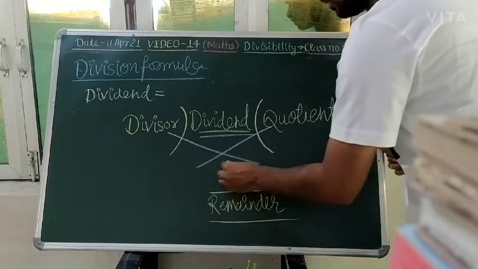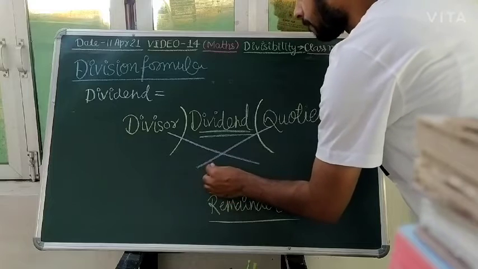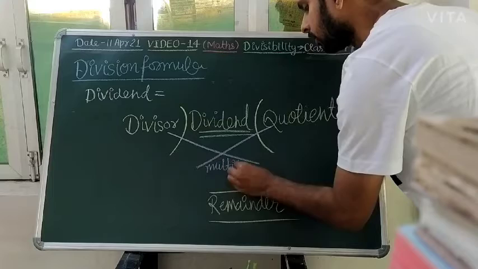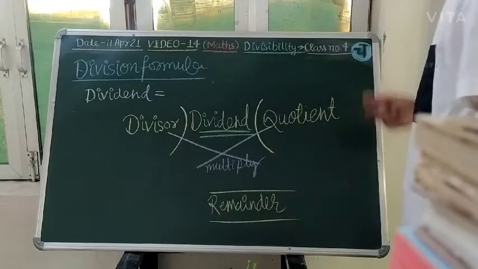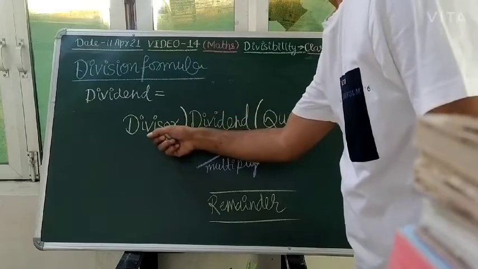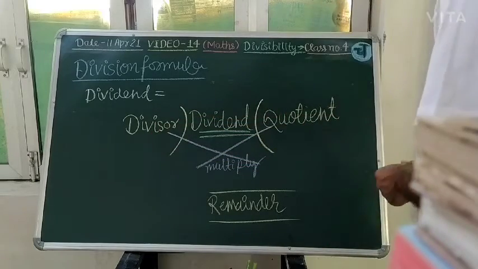Multiplication of what? Multiplication of divisor and quotient.